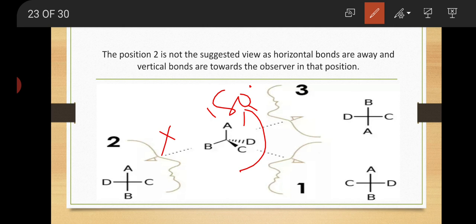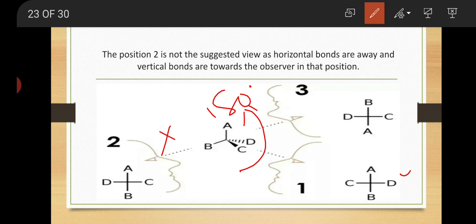The first position is watching the molecule such that A and B are vertical bonds, with A the top vertical and B the bottom vertical, and D and C are horizontal bonds, with D on the right side and C on the left side.